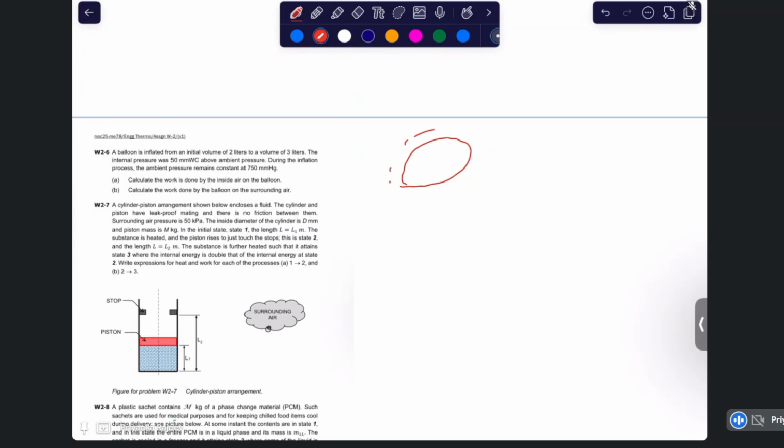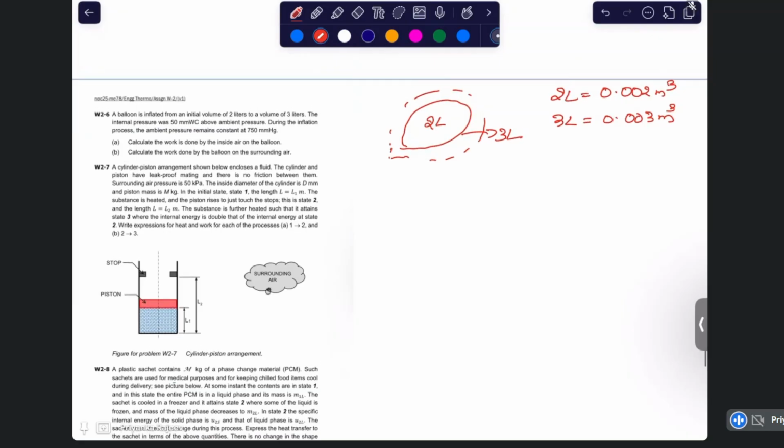Initially it is 2 liter, then it is 3 liter of volume. So 2 liter we can convert to meter cube, 0.002 meter cube, and 3 liter is 0.003 meter cube.